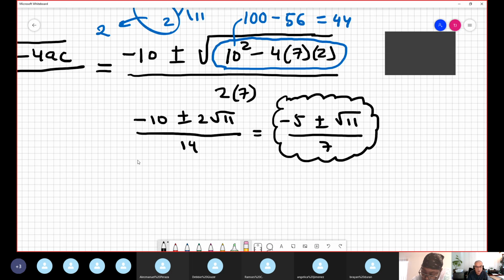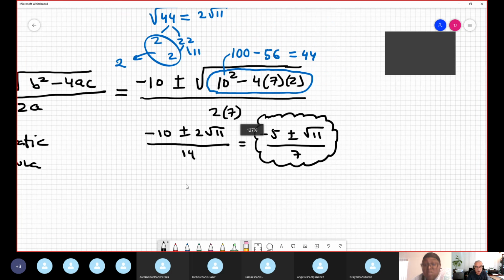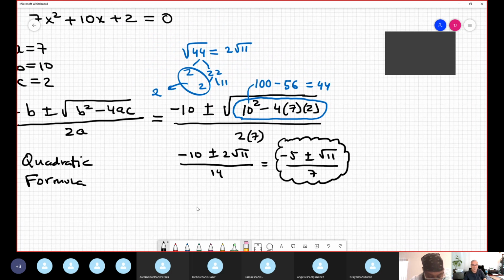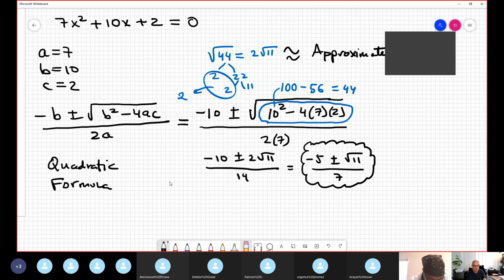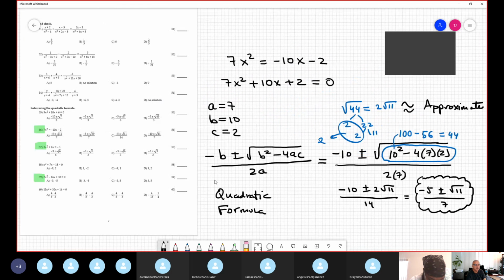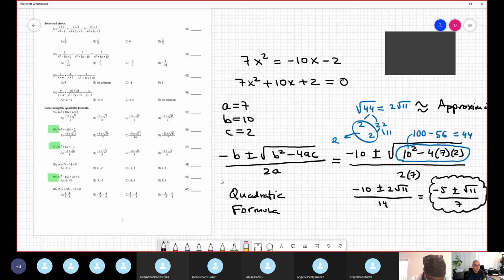Do you understand, Jasmine? It's not good to put it in a calculator. The reason is that when you use a calculator, you get the approximate answer. It's good, but it's approximate, and in this handout we never use decimals.